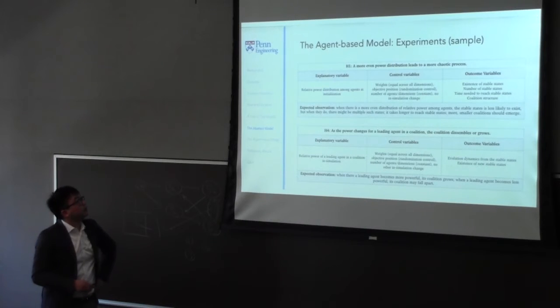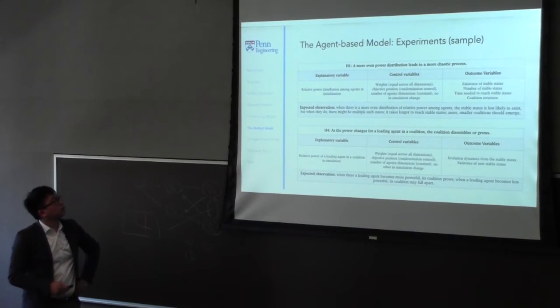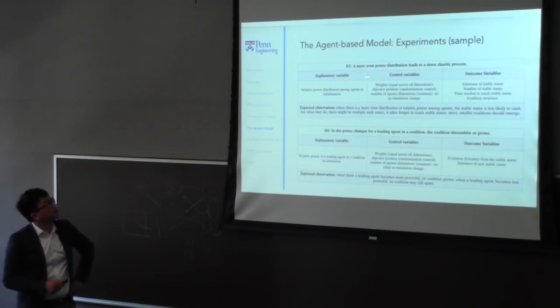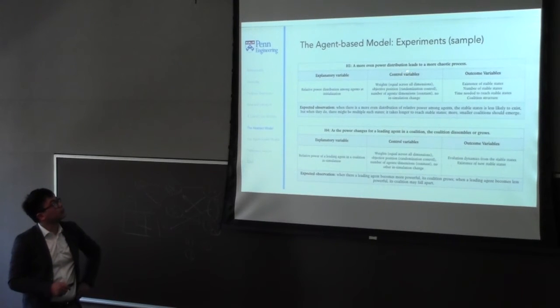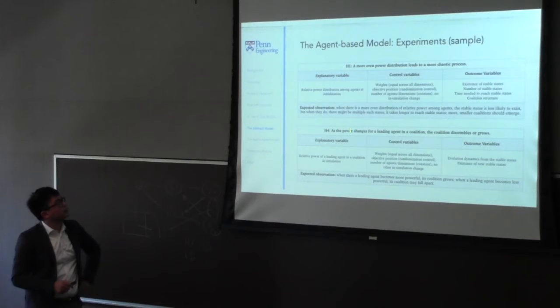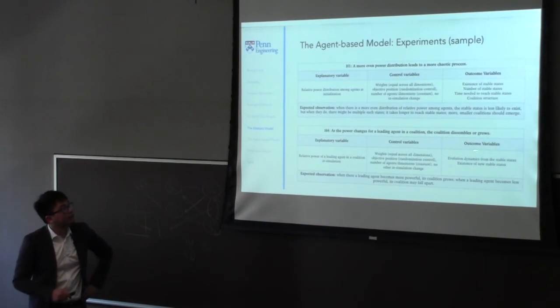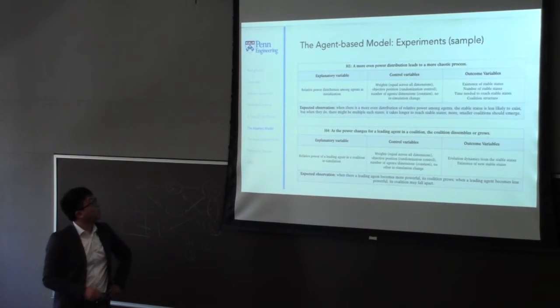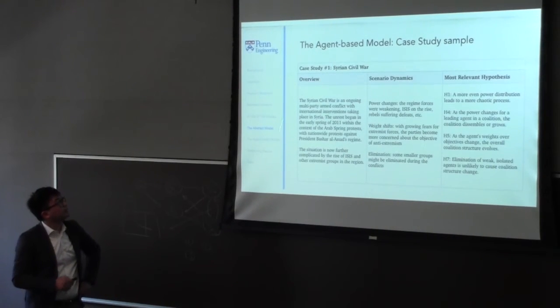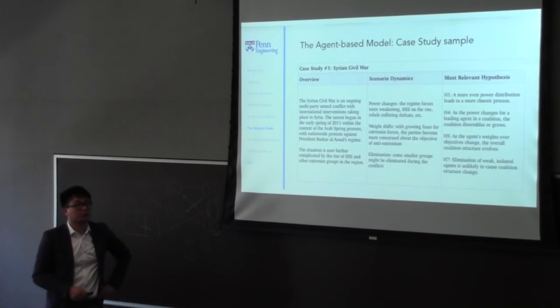As for future work, there are a few hypotheses we're testing at the moment. We're thinking that a more even power distribution leads to a more chaotic process, or things like: as the power changes for the leading agent and coalition, the coalition dissembles or actually grows in size. We're also doing a case study to validate some of the hypotheses in the real world.